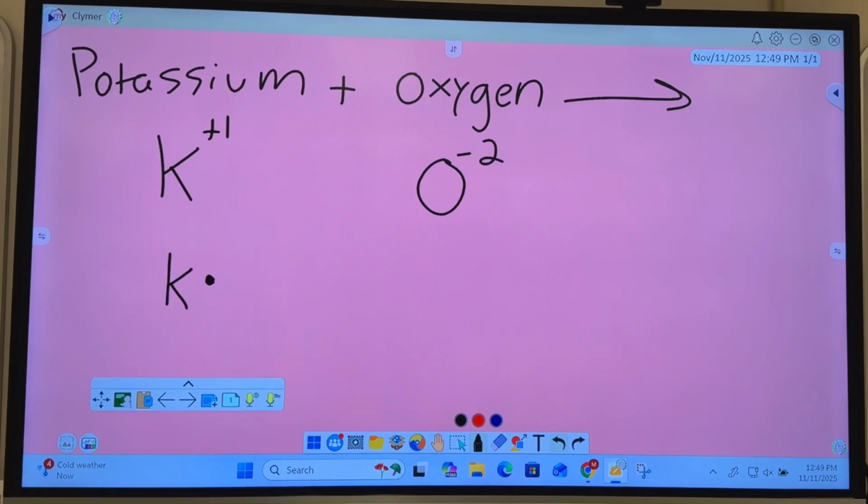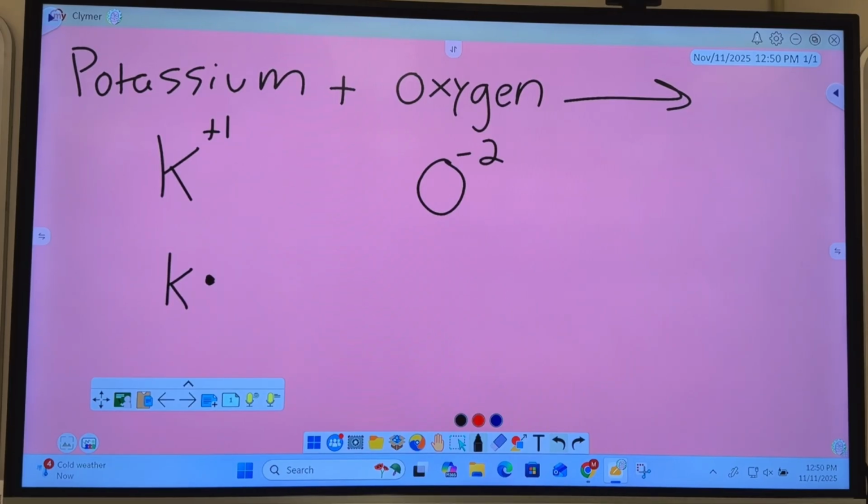The +1. What does the +1 mean? Adding 1. Hold on. What's potassium trying to do? Trying to give it away, right? So if it gives away that electron, it's going to end up becoming a +1. So its dot notation is just a single dot.